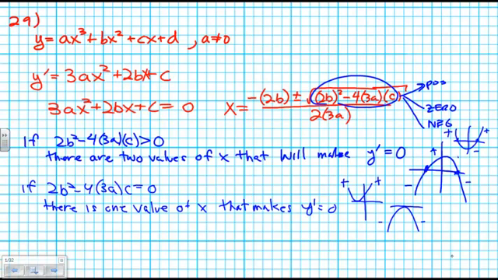Last one, and I think maybe you can see where this is going. If 2b squared minus 4 times 3a times c is less than 0, that means there's no real zeros for x.